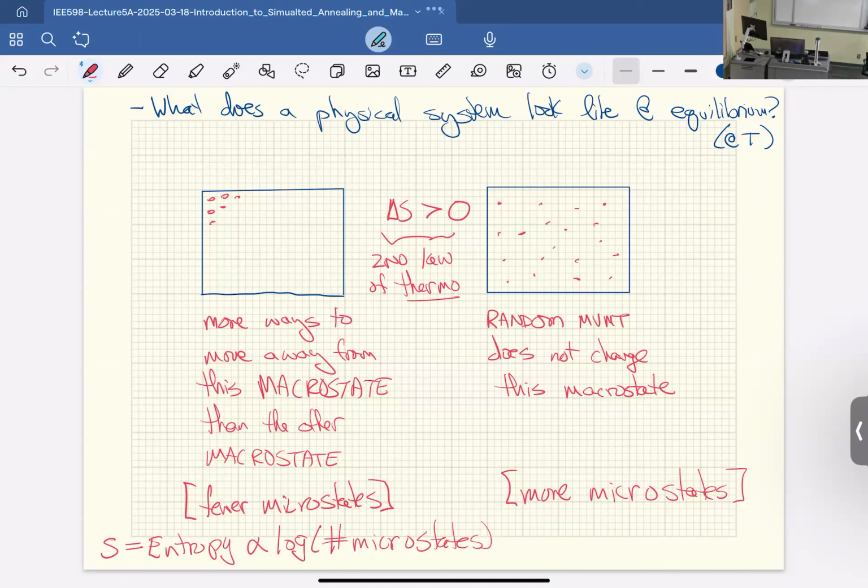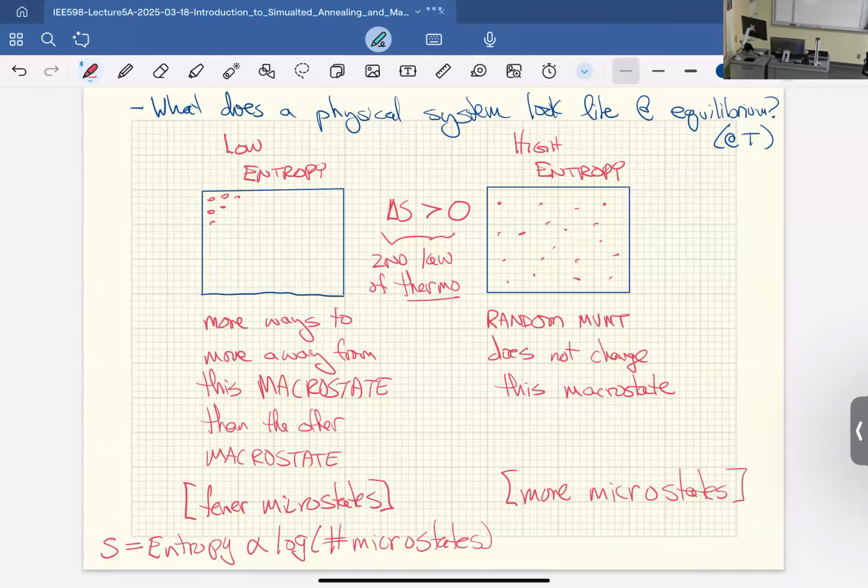All right, so there are other ways that I can describe this. We're going to call this low entropy, and this is high entropy. Another way to view low entropy microstates and macrostates is by how many bits of information it takes to describe the microstate, given that you know the macrostate.